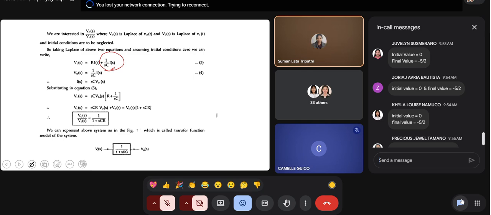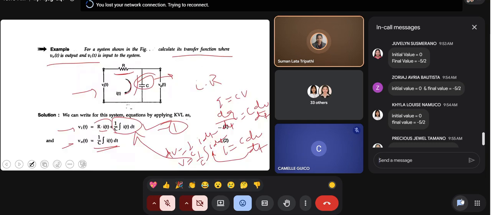If you remember, for the Laplace of integral, one s term will come in the denominator. So 1 by C is already there, and the integral of I dt will be I(s) upon s, so you will get this term.